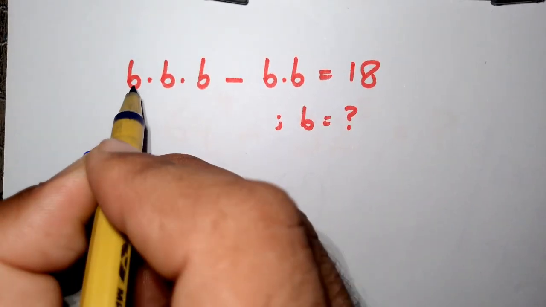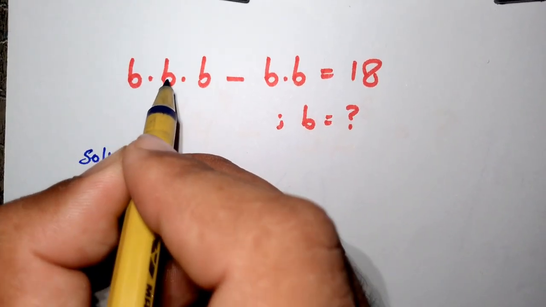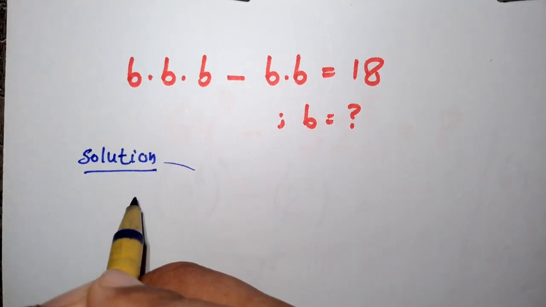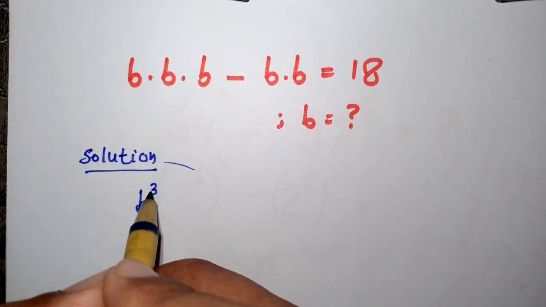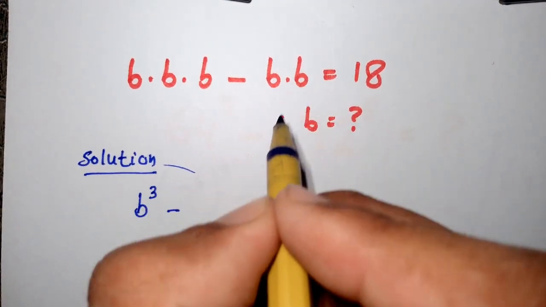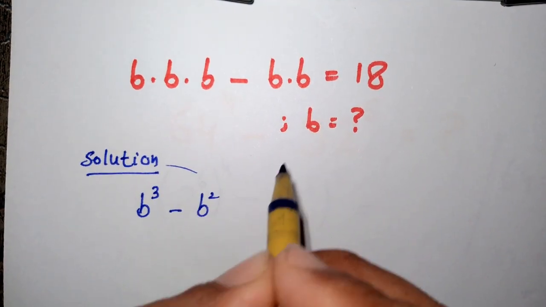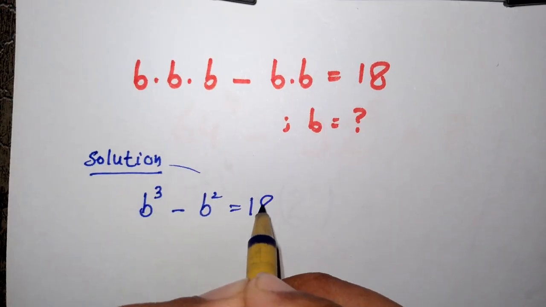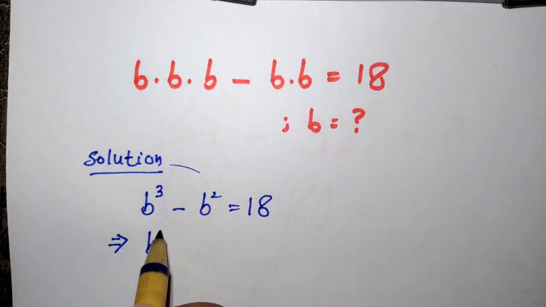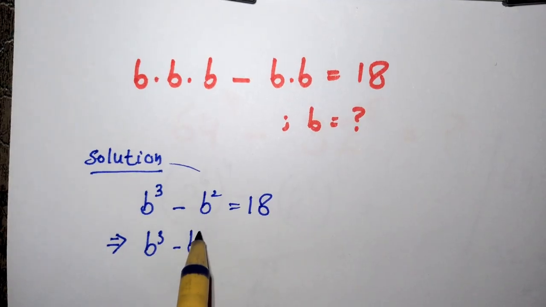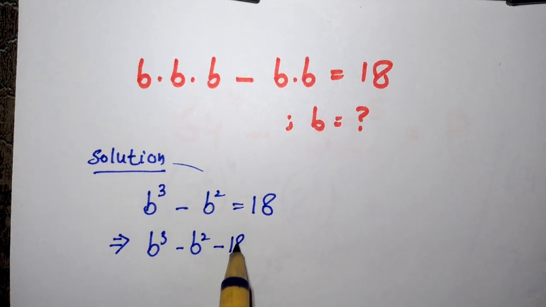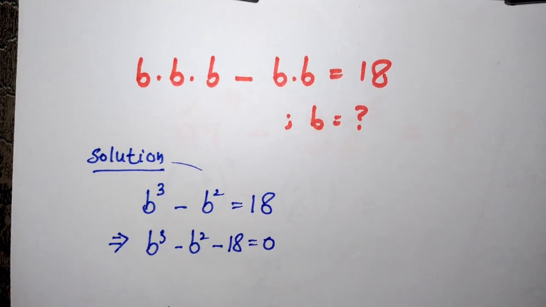Solution: b times b, here the bases are same, so this will become b cube, b power 3, minus b times b can be written as b square is equal to 18. B to the power of 3 minus b square, 18 will move to the left side, this will become minus 18 is equal to 0.